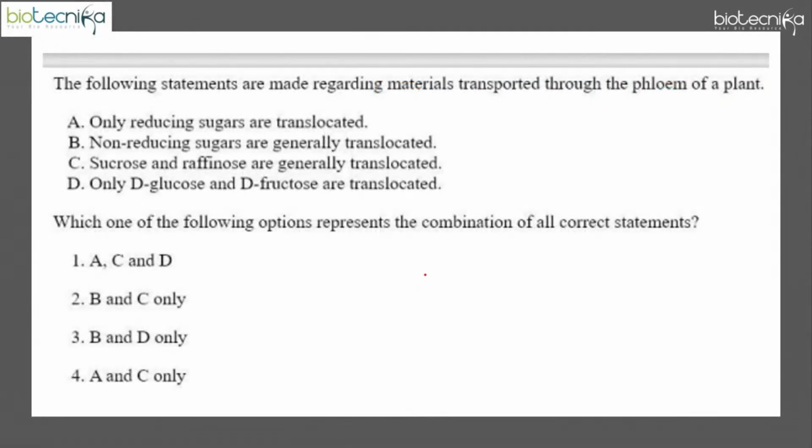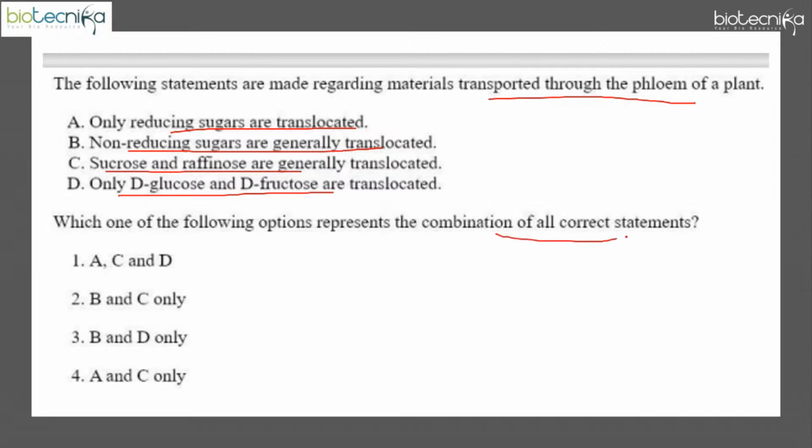Next, here are some statements regarding the materials transported through the phloem of a plant. Only reducing sugars are translocated. Non-reducing sugars are generally translocated. Sucrose and raffinose are generally translocated. D-glucose and D-fructose are translocated.